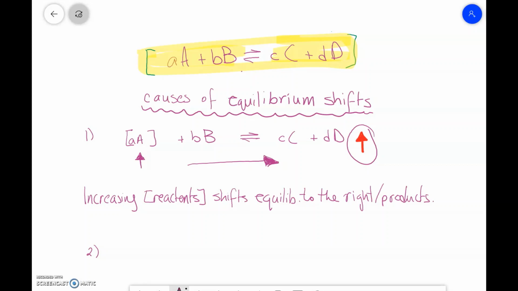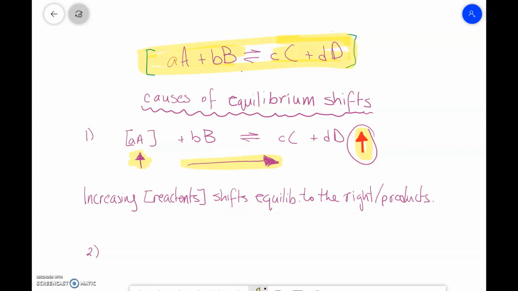Even though initially we had the reactants increase in concentration, that increase causes the equilibrium to shift to the opposite side, which creates the increase in product concentration. That way the equilibrium can be balanced once again.